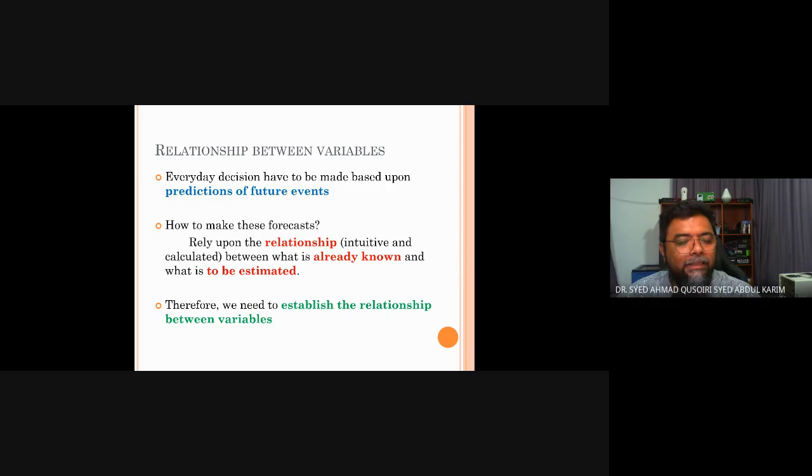So this relationship enables us to do analysis upon it. And if we elongate that analysis, we can even do future predictions of that particular relationship.